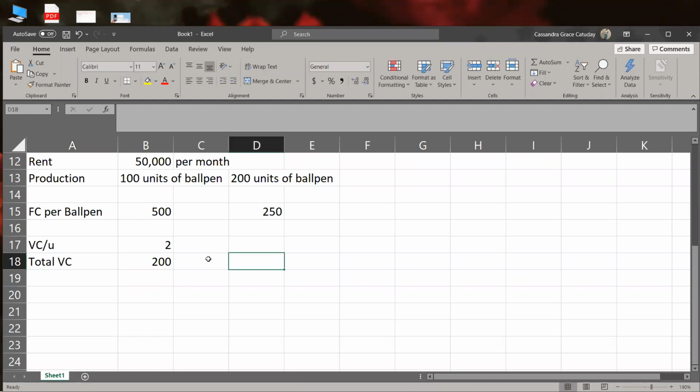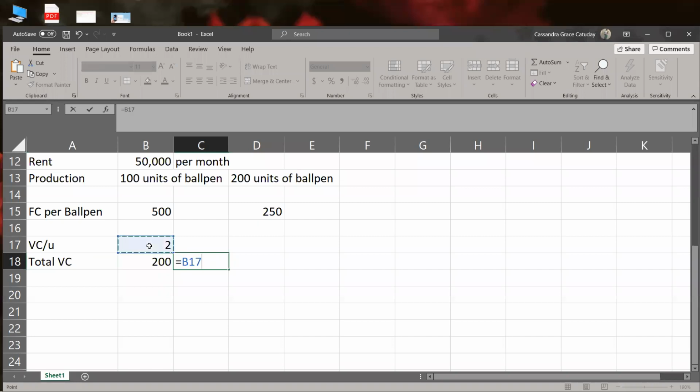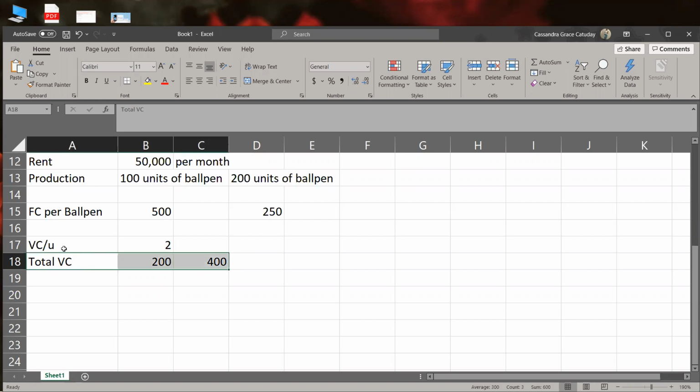Whereas, kung signo naton 200 na ngayon, di ba? 200 na, sorry. So, 200 na kuno nga ballpen ni taton i-produce. So, 2 times 200. Tagdos man kung taan tube hand ink. So, 400 na it total variable cost. Pero, if iya variable cost per unit, constant hiya at 2 pesos.